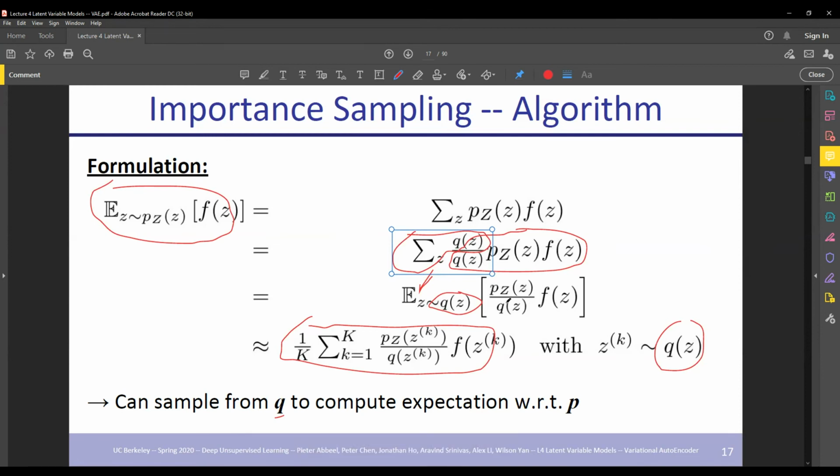So if the sample from Q is highly likely, but under P highly unlikely, because remember, the goal is that we want it to be from this distribution, but we are actually sampling from this distribution, then this will be large, this will be small, so it will scale this down.